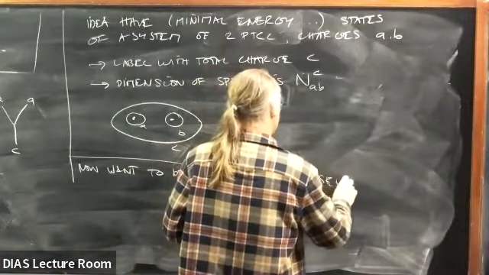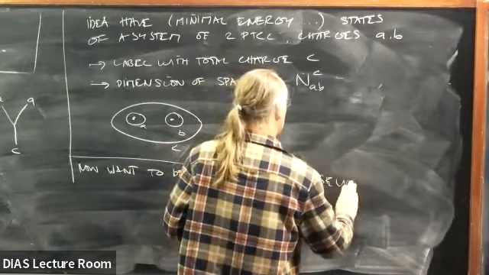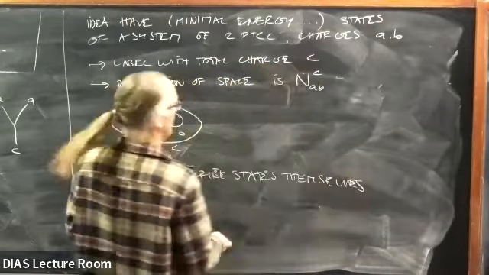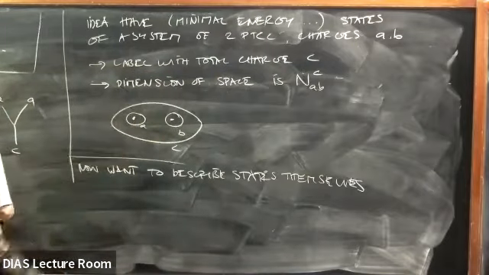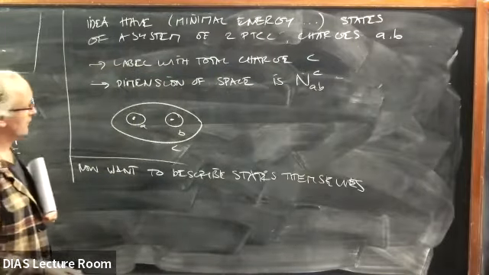So for example, it makes sense to say, well, we know that there are A, B, C, and D states, and there is going to be a basis for them.